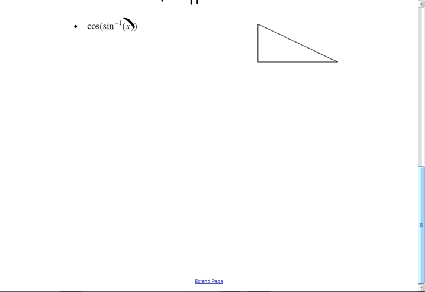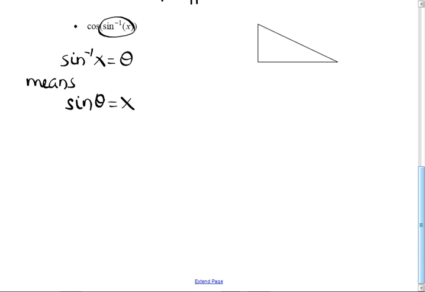This is my angle. The inverse sine is the angle. Well, I don't want to write it that way, just like I don't write a logarithm. I write it as exponentials. So this means, I use this as a tool. The sine of what angle is equal to x? I don't know what the angle is. I have no idea. But here's my theta.